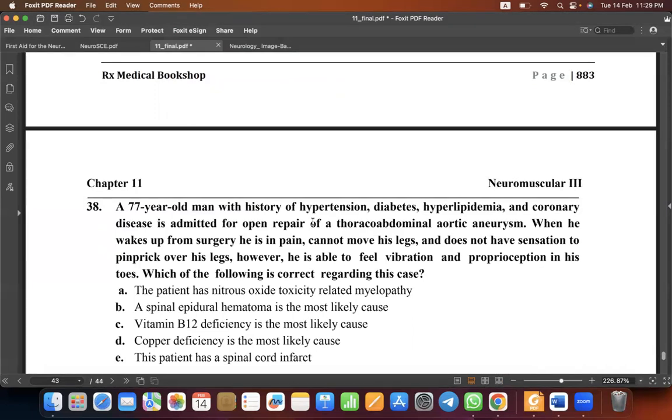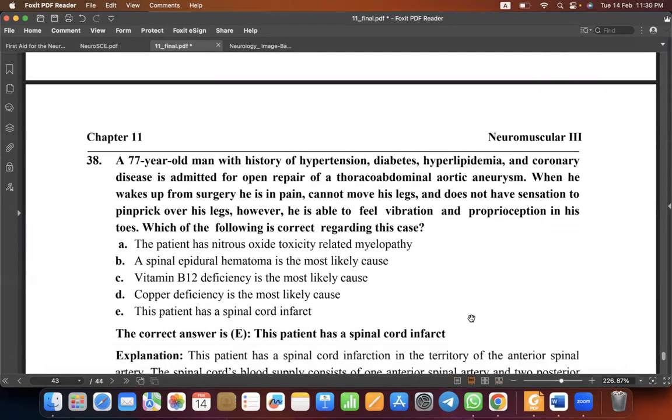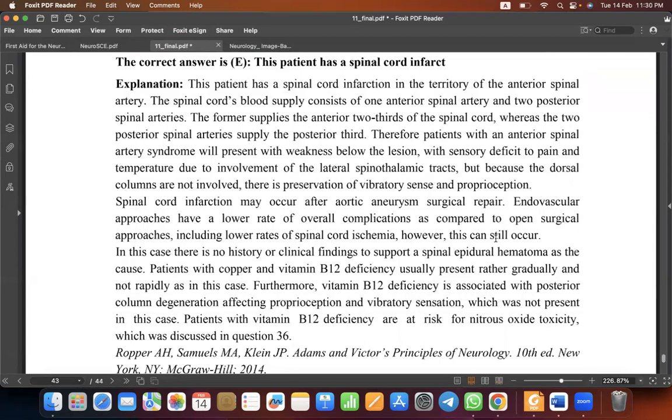Okay, so the patient most likely has a cord infarct, as there is a lot of comorbidity, the surgery, and there could be ongoing blood loss. So he could be having this infarct. As the patient is having infarct in the territory of the anterior spinal artery, remember we have one anterior artery and two posterior spinal arteries.